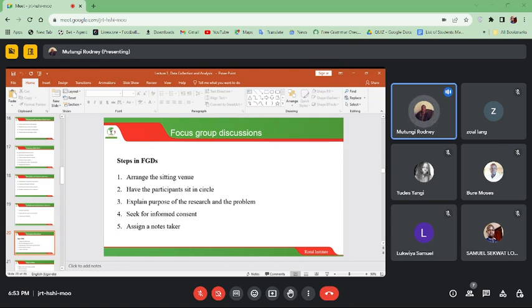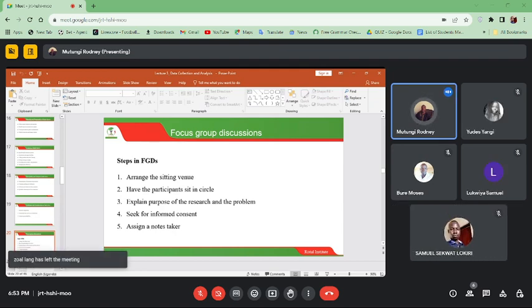So you can group them into men and then women. Ideally you need a group of 8 to 10 or sometimes 10 to 12 people. The maximum should really be like 12. They shouldn't be a lot because they are going to be hard to control.